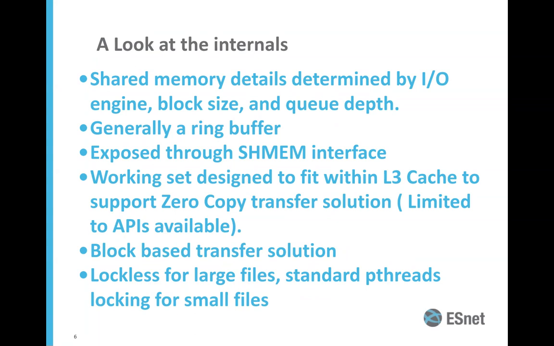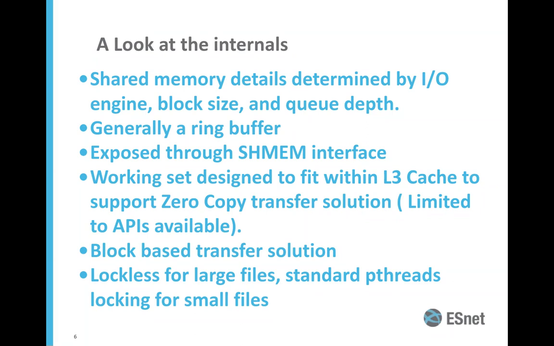So the shared memory structure that I just talked about, in general, is a large chunk of data that contains everything about the transfer. So it will be some information about the underlying state of what we're doing at the very start of this shared memory region, followed by what IO engine we're using, followed by data that the IO engine itself needs to perform the transfer.